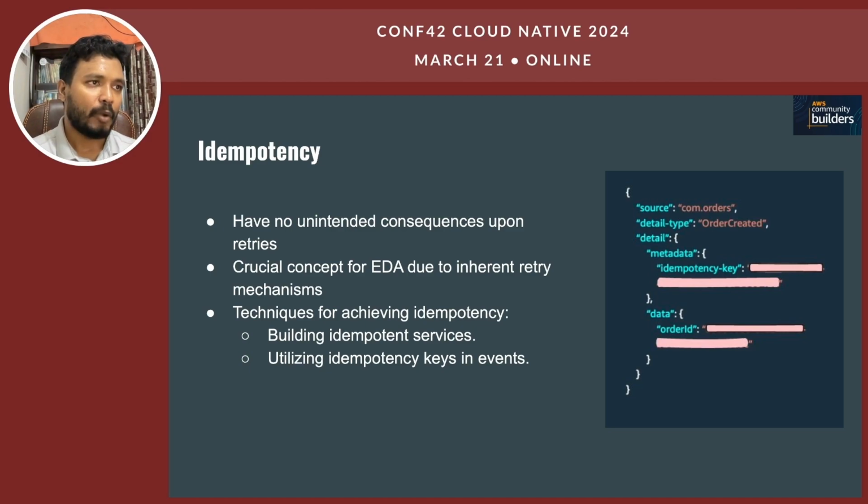So how do we achieve idempotency in this scenario? We can include a unique identifier within each event as an idempotency key. This key allows the system to recognize if an event has already been processed, preventing unintended consequences from retries. By incorporating idempotency, you ensure data consistency and reliable operations in your event-driven architecture.